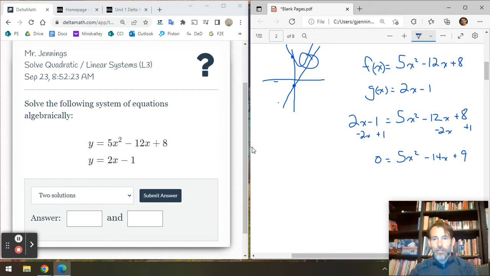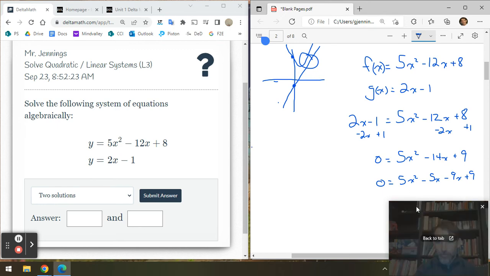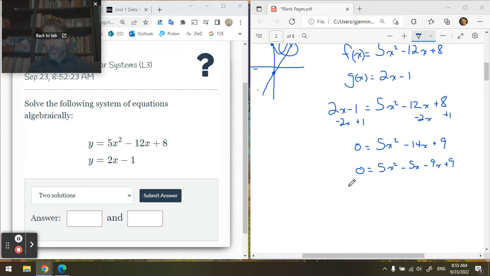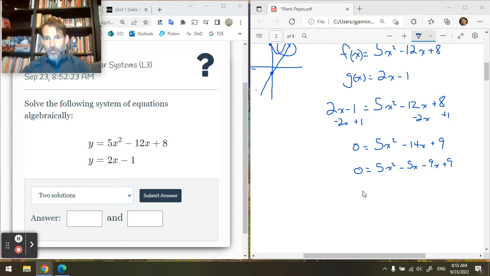All right. So I know that 0 equals 5x squared minus 5x minus 9x plus 9. Why am I down there? Let's move me up here. And then we would have 0 is equal to 5x times (x minus 1) minus 9 times (x minus 1).